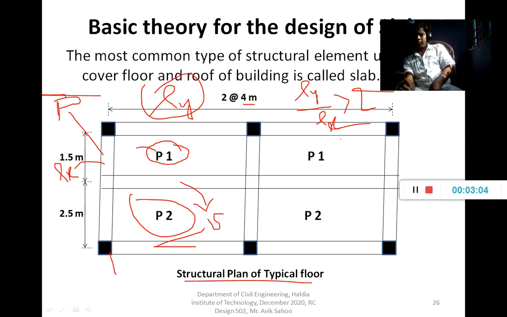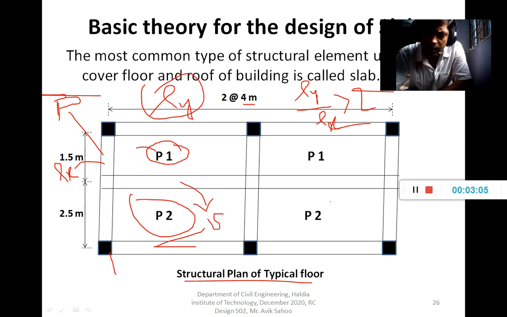So the two types of slab we have considered: panel 1 has an aspect ratio more than 2, and panel 2 has an aspect ratio less than 2.